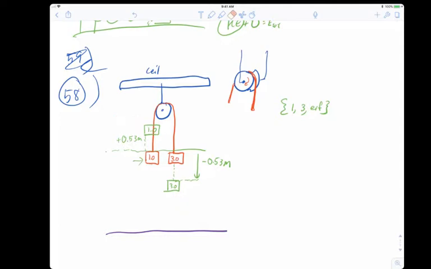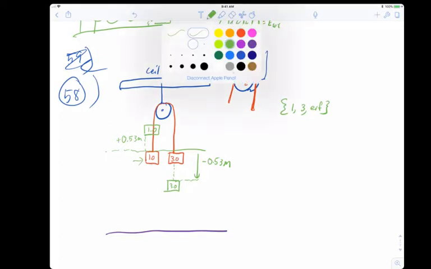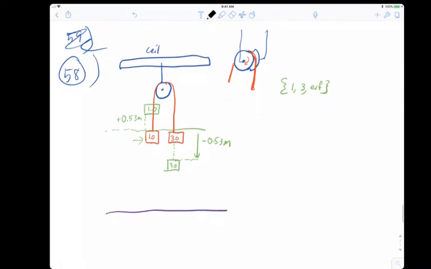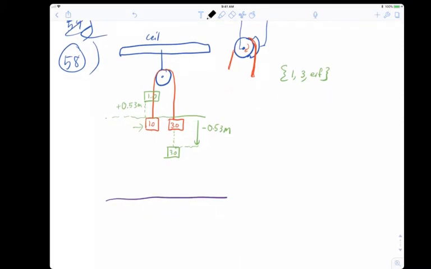Okay, so I want to know the change in the gravitational potential energy. Oh, I think I missed a meeting. Okay, I want to know the change in the gravitational potential energy. So, there's two parts to it. There's the gravitational potential energy of this part and of this part.